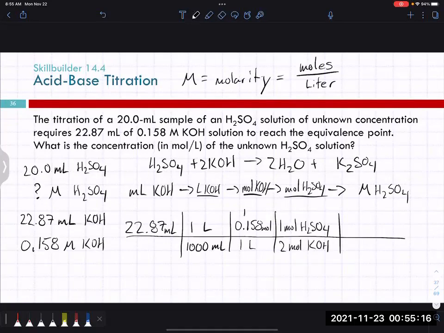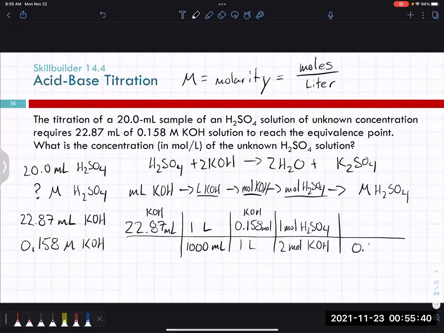So these are all potassium hydroxide, I just didn't have enough space. And then we can divide by our volume of sulfuric acid in liters.